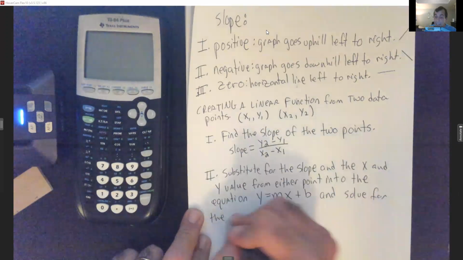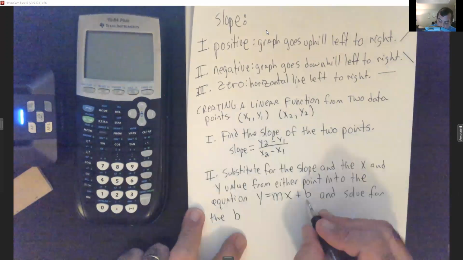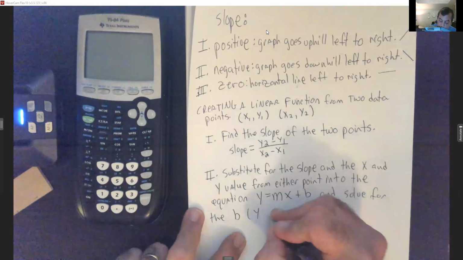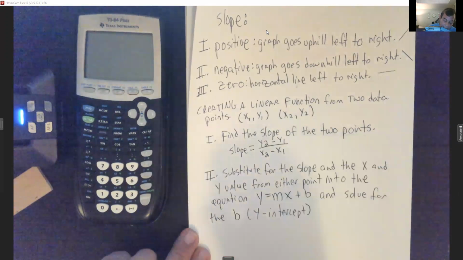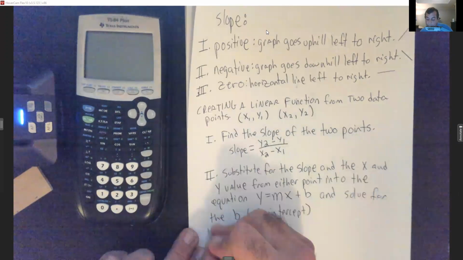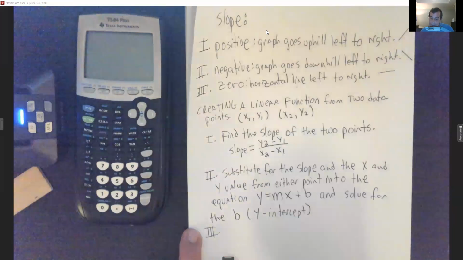And remember, the b is my y-intercept. So guess what? After I do that, that'll give me the y-intercept, which is the b.